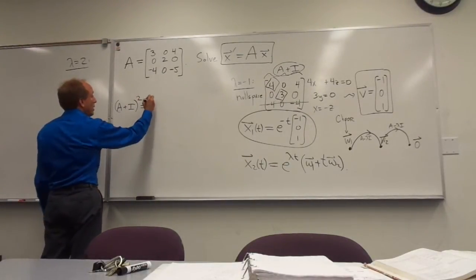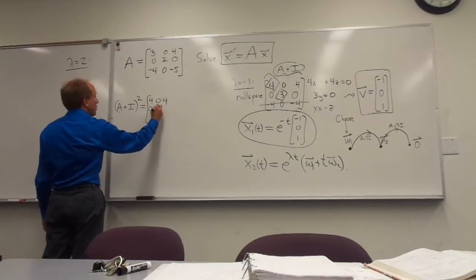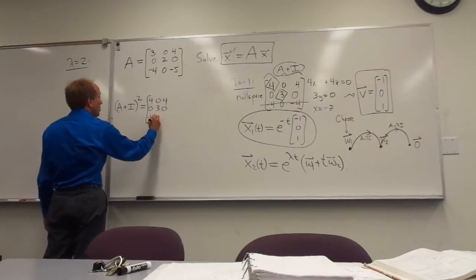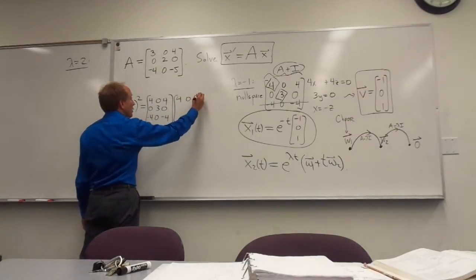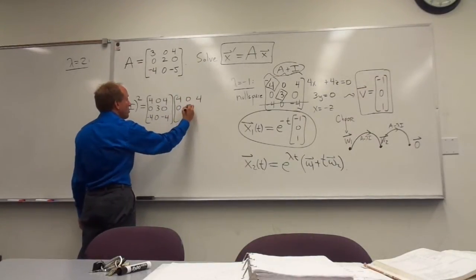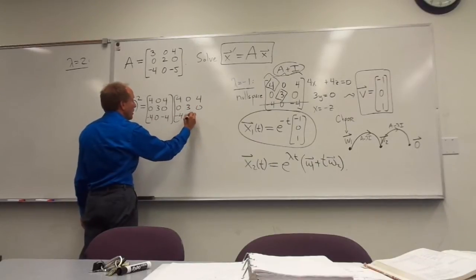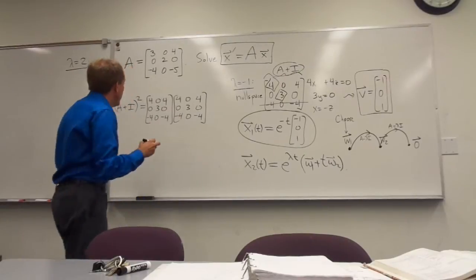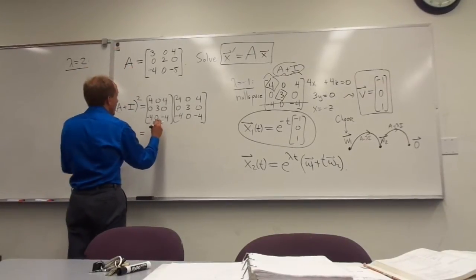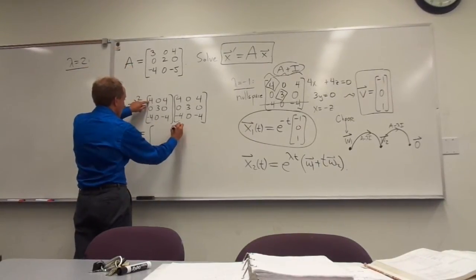So it's going to be [4, 0, 4; 0, 3, 0; -4, 0, -4] times itself, right? So we just do some good old-fashioned matrix multiplication here. I'm multiplying A plus I by itself, and what I'm going to get when I do that, let's see, we have to calculate this whole thing.